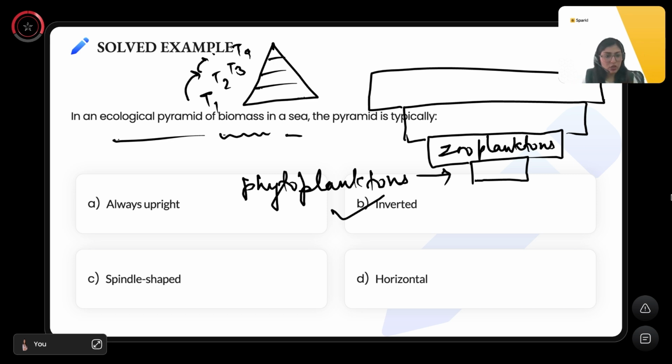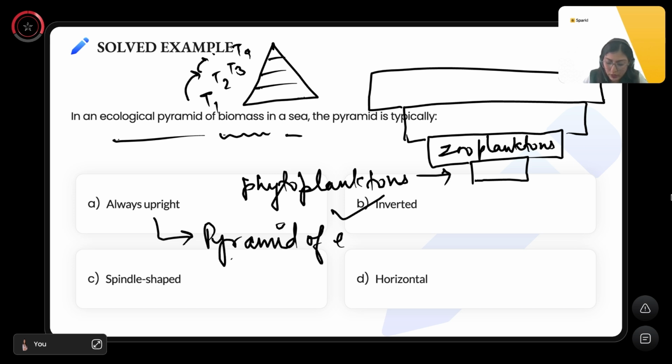The 10% law states that 90% of energy is lost, and only 10% of energy passes on to the next trophic level and is stored in the flesh. Okay, so the pyramid of energy is always upright without any exception in all ecosystems. Clear?